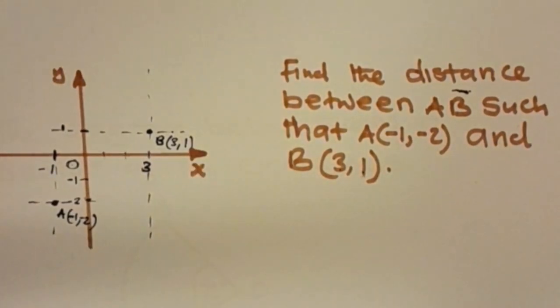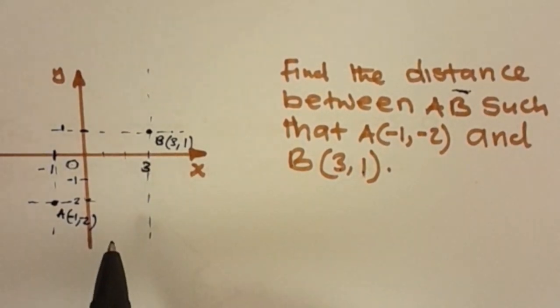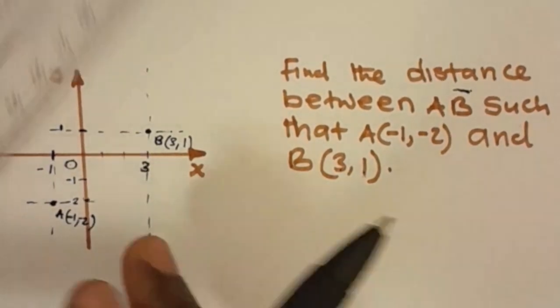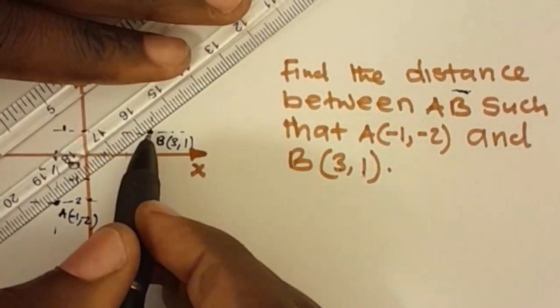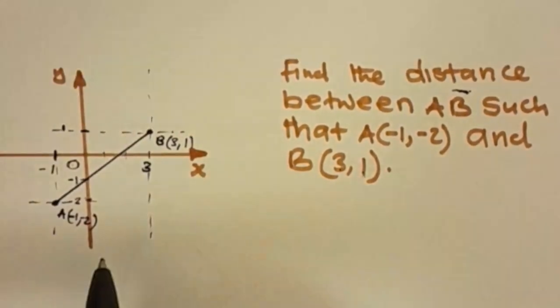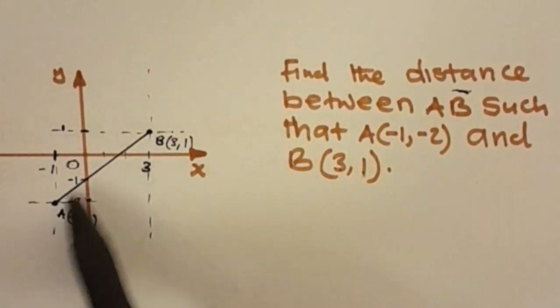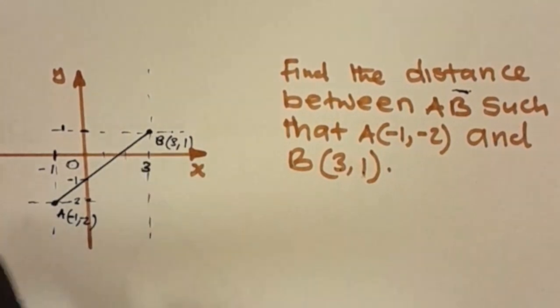Now, for us to have a clear path of what AB is, we can just join these 2 points, A and B. So this is now the line AB, which they want us to find the distance. They want us to find this distance AB.